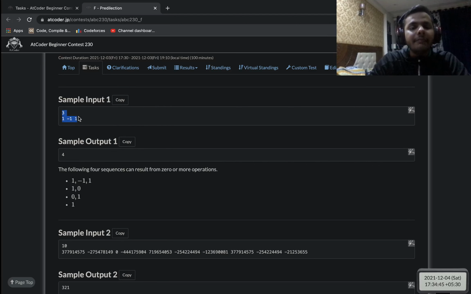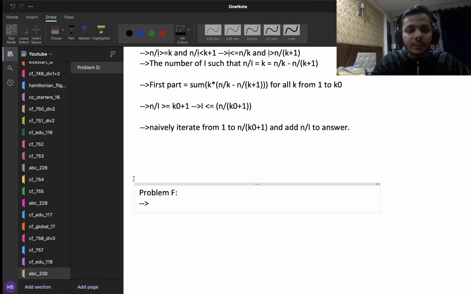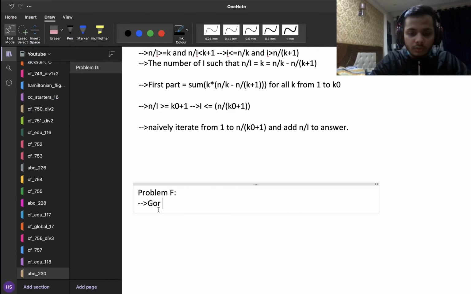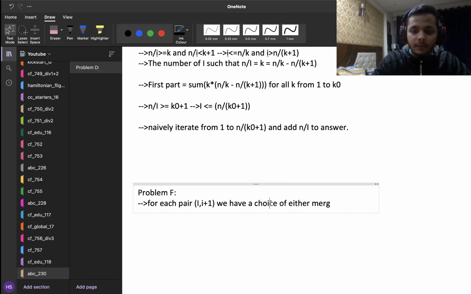For every pair i, i plus 1, we have a choice of either merging i and i plus 1 or not merging them, right? So let's try to formulate this. For each pair i, i plus 1, we have a choice of either merging this pair or not merging.